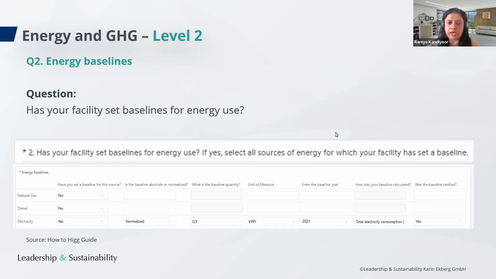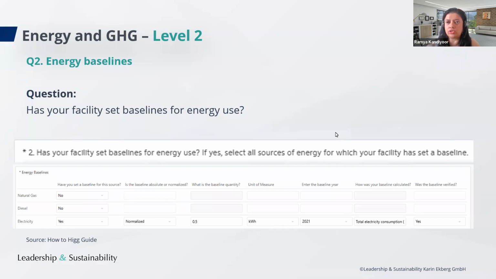You would require to understand whether the baseline is absolute or normalized. What is the baseline quantity? What is the unit of measure? Enter the baseline year, whichever you are choosing. Ideally, choose a year which is representative of normal production for that entire year.